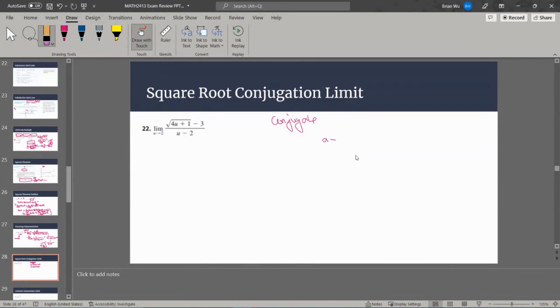So for this one, the conjugate for the top, for the square root, would be, I'll show it up there, the square root of 4u plus 1. That term doesn't change, and you would change this minus sign into a plus 3.